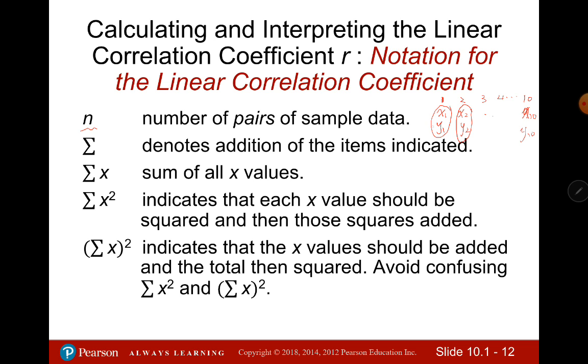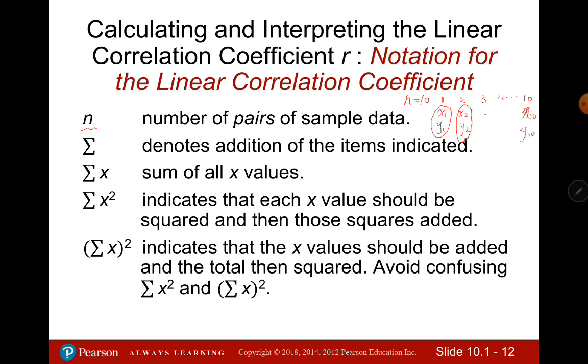So you will realize it's a pair. We actually have two values for each observation: one is x, one is y. But the n here is not how many values in total, not 20, it's still 10. It tells us how many observations, just like on the graph, how many dots do we have?